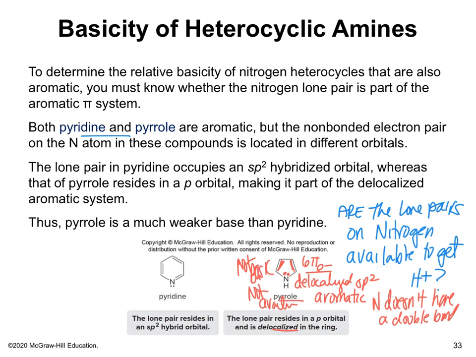Okay, so pyrrole is not basic. Pyridine, however, has a double bond to the nitrogen, so those are 6 pi electrons. And then the lone pair is actually in an unhybridized sp2 orbital, and because of that, it is available. So pyrrole is a much weaker base than pyridine.